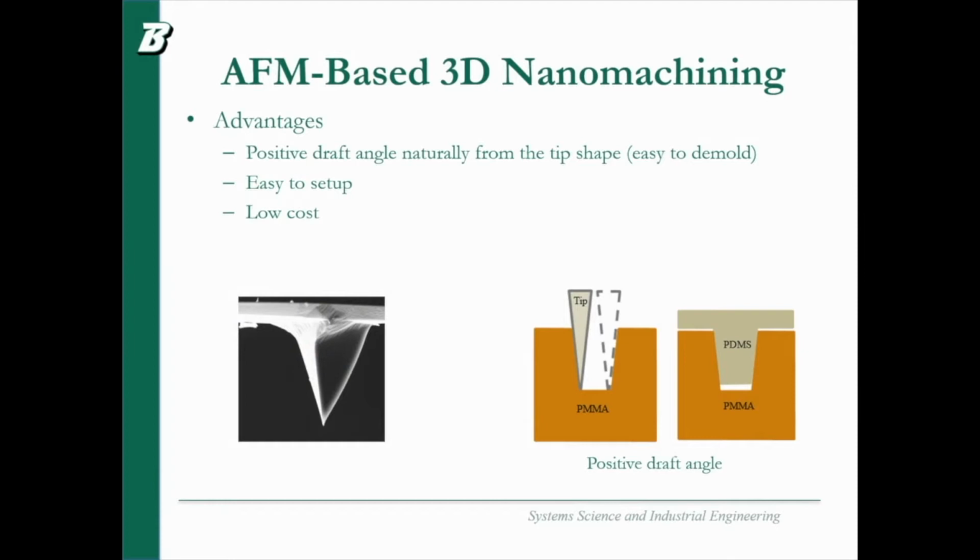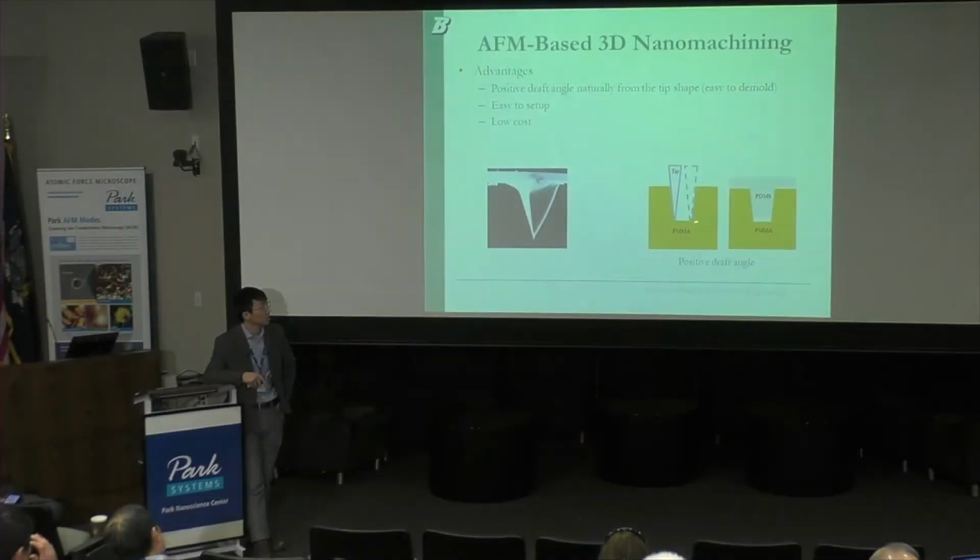So when we make a mold out of the surface, if you want to do continuous patterning or use this mold for many patterns, it's similar to a traditional casting process. The positive draft angle helps us easily demold whatever we want to make.